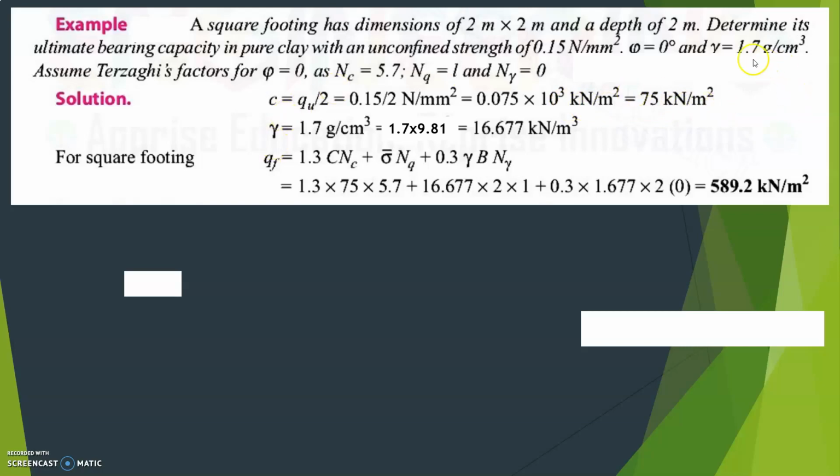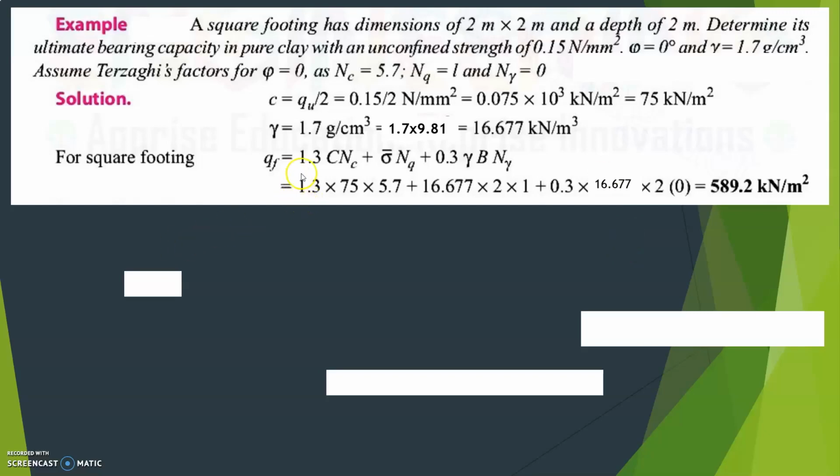Gamma is given 1.7 grams per centimeter cube. So convert into kilonewton, that is 1.7 into 9.81. Use this equation, square footing it is 1.3 C NC plus sigma dash NQ plus 0.3 gamma B N gamma.